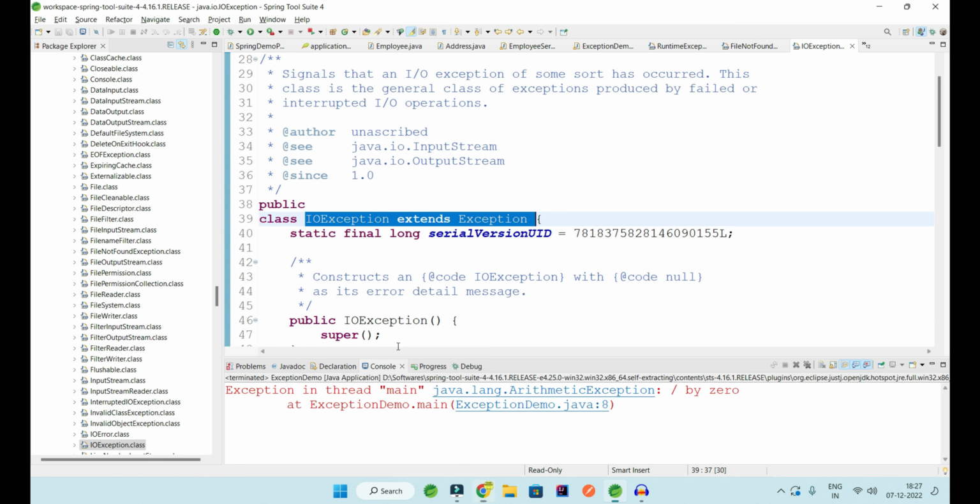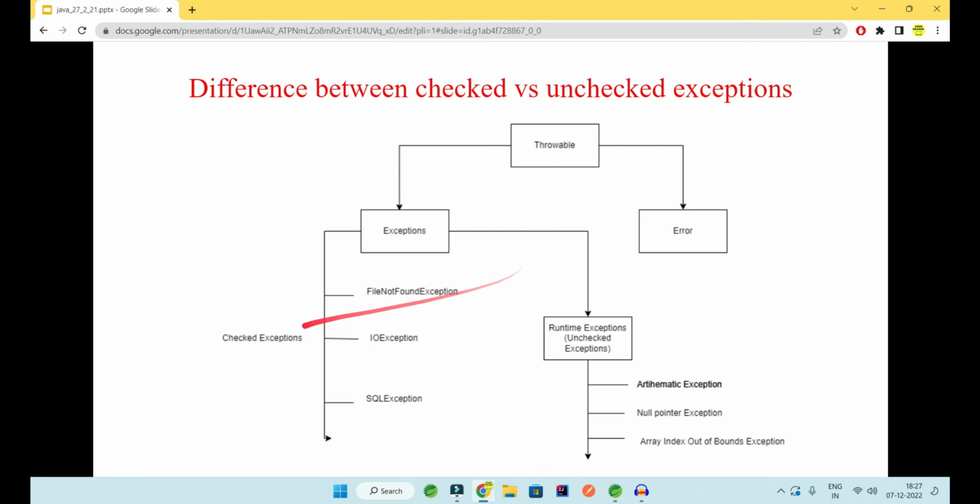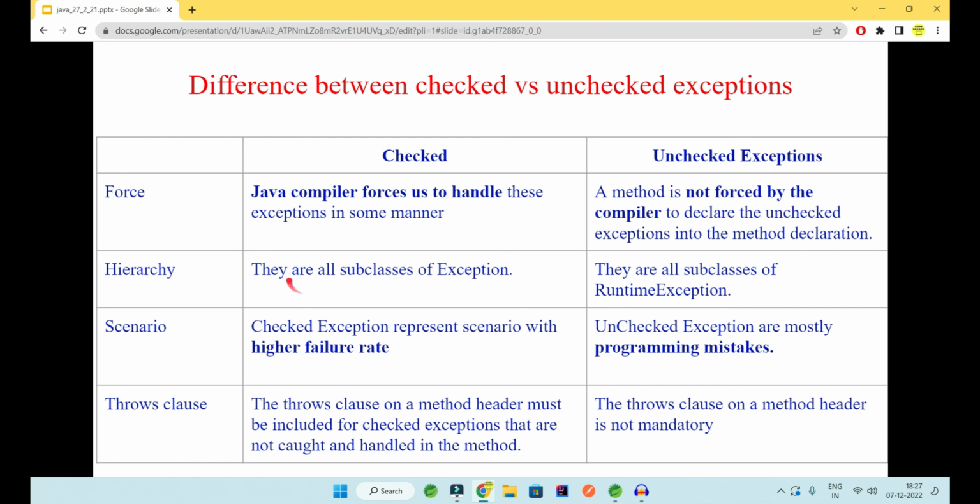So this IO exception is directly a part of exception and is not a part of any checked or compile time exception base class. So the hierarchy is, these all checked exceptions are the direct children of exception, while all these subclasses are the children of the runtime exception class and not direct children of the exception class.